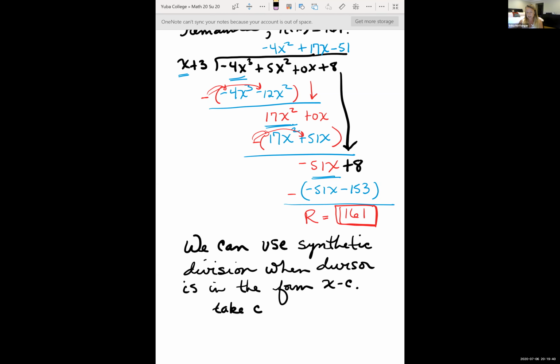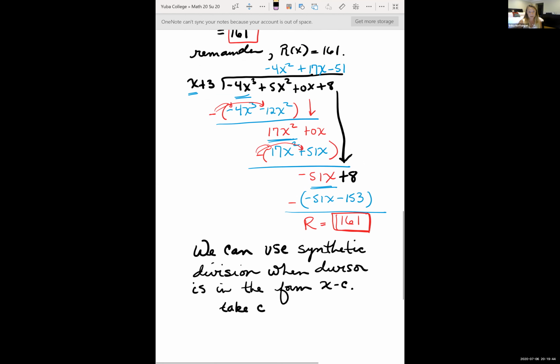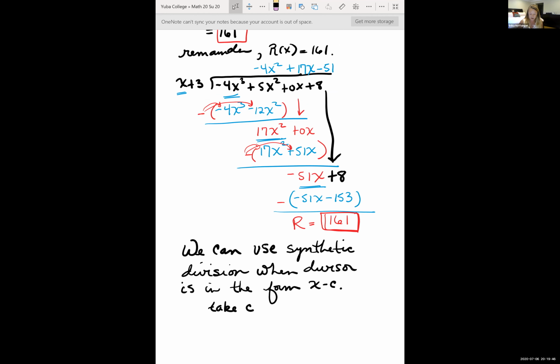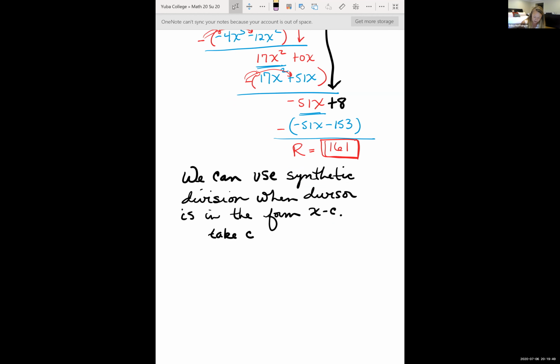I've learned it differently. Your book kind of does it a little differently. They keep this division symbol here. I've learned it where I put my c value up here in the corner in kind of half of a box. And then the first row, they call these rows, these are the coefficients of what you're dividing into, so the dividend.